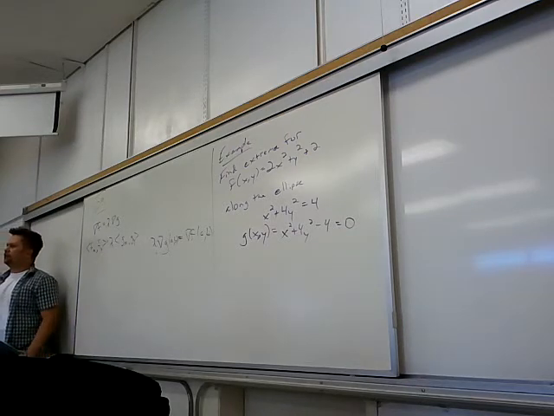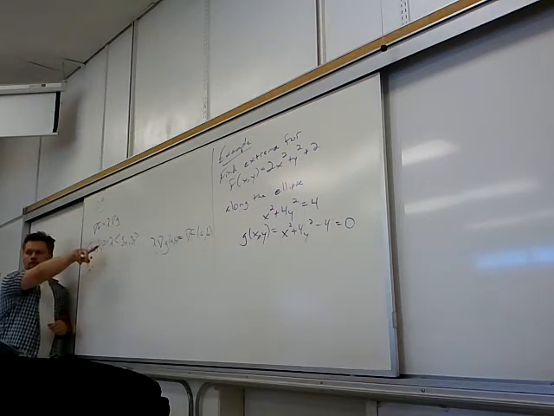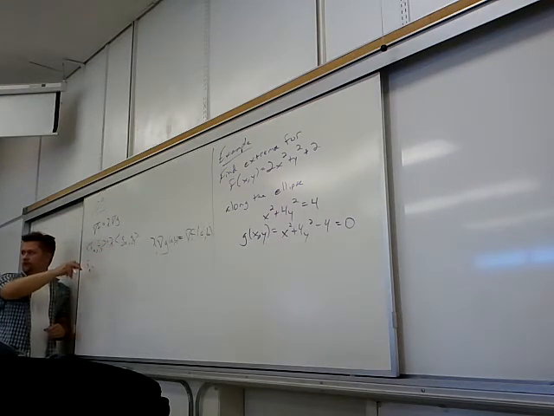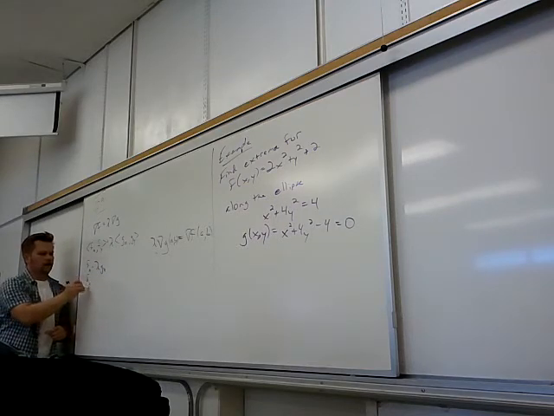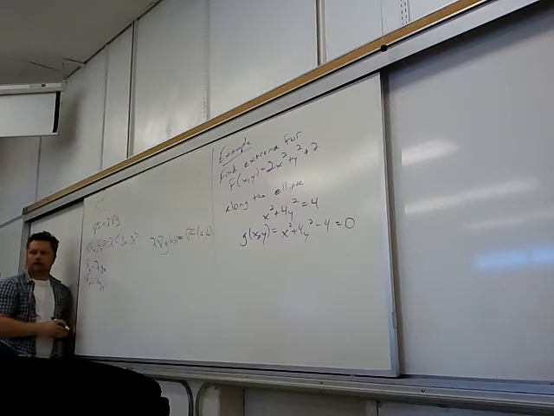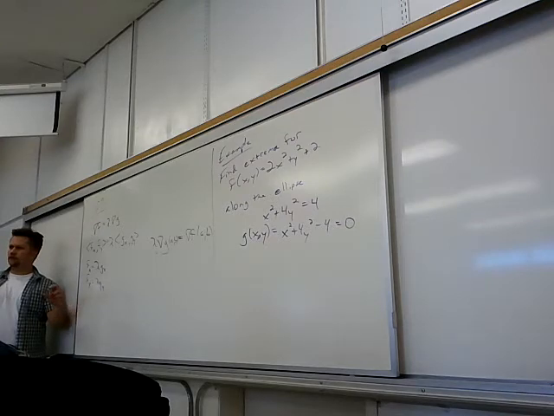So what does that really boil down to? Fx equals lambda gx. You with me? And Fy must equal lambda gy. How many unknowns do I have in those two equations? 3.